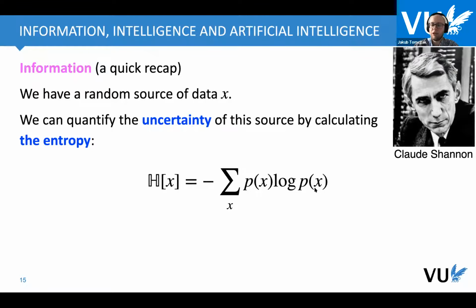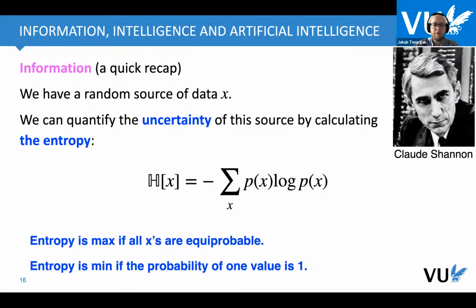And as I explained to you, intuitively, I hope it makes sense. We get the maximum entropy, the highest possible uncertainty, when every single X, every single, for instance, image has exactly the same probability. It means that all kinds of images are possible to observe, including noise and so on.